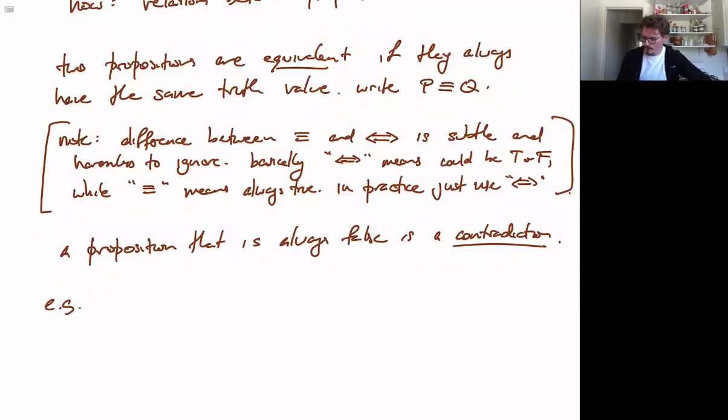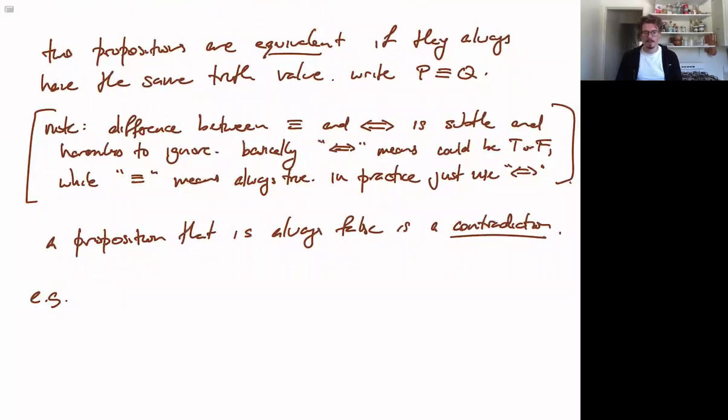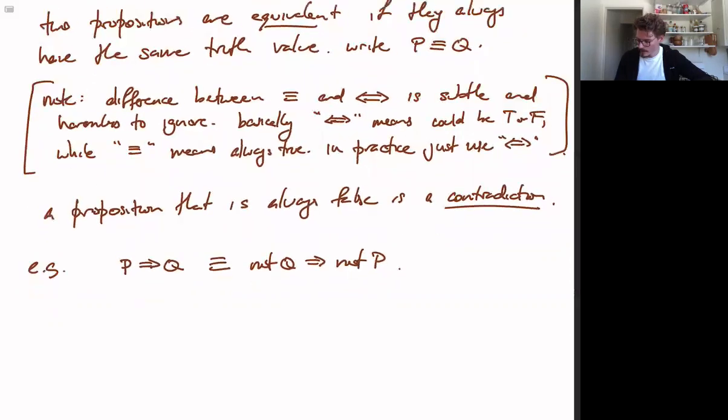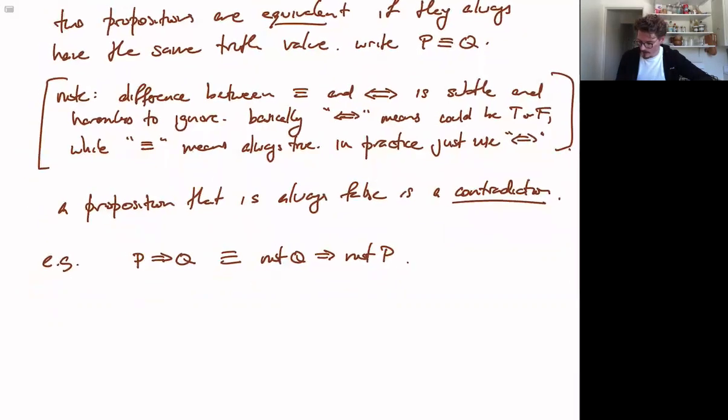So let's get some examples. This is something that we were just discussing. We were saying, and I encourage you to check this, that the statement P implies Q is equivalent to the statement not Q implies not P. Maybe another example that we gave in the break is that P, if and only if Q, yeah, let's use a double arrow, why not?